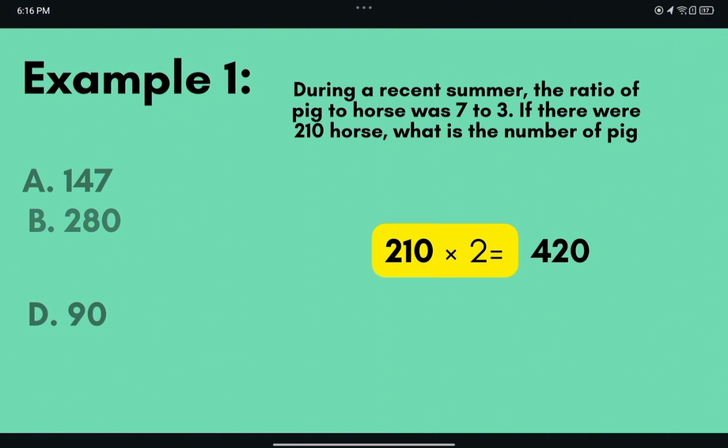So, dito, alam na natin yung sagot. Kahit hindi natin i-verify, just trust the correct answer. Mas madali natin makukuha. So, the answer is letter C, 490. Kahit wag na natin i-verify, trust the correct answer at mas madali talaga natin makukuha.